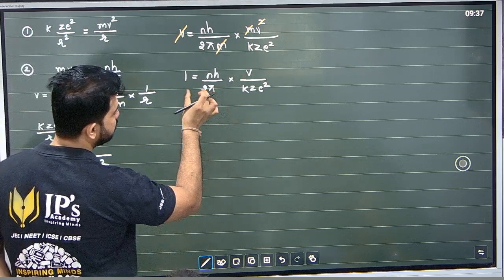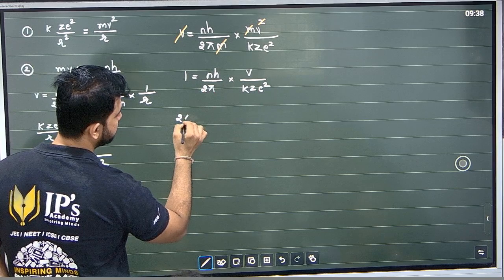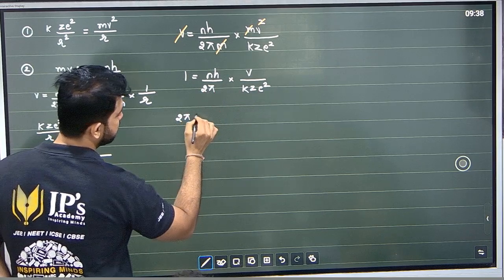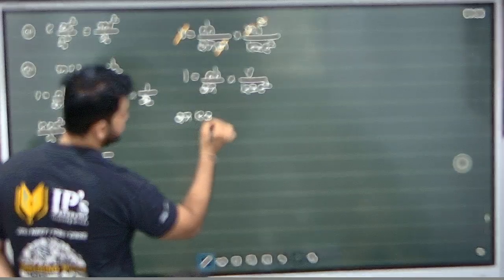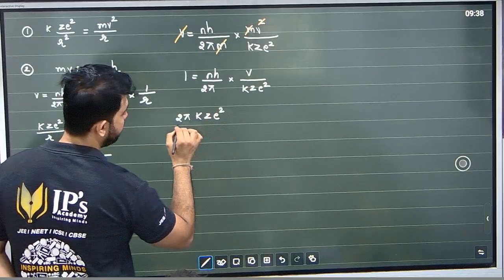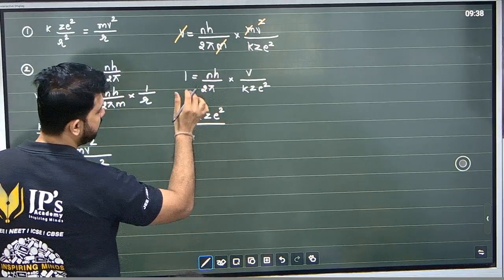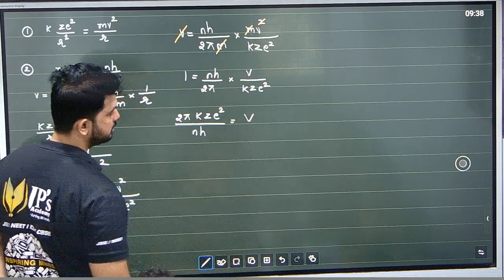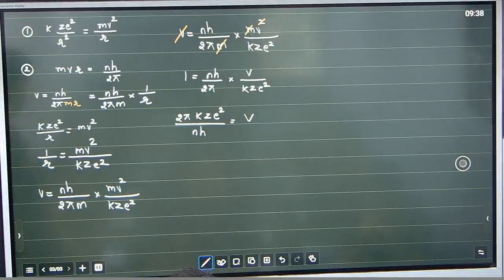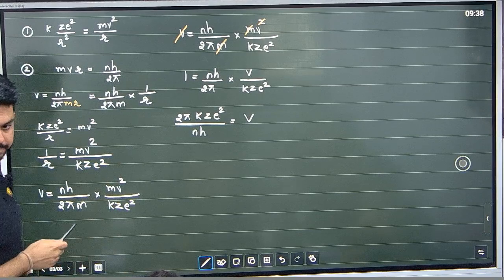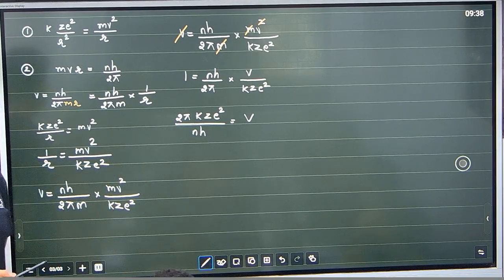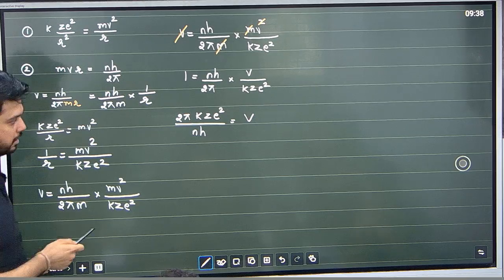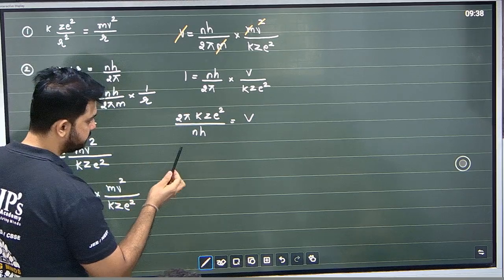I take 2 pi to the left, so v is equal to 2 pi k Z e squared upon n into h. Now 2 is a number, that's a constant. Pi is also a constant. How much is k?